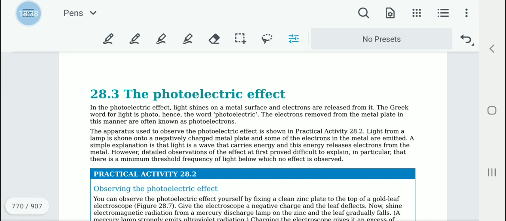There is a threshold frequency of light that is required for this effect to take place. If it is less than that threshold value, then we cannot observe this effect.